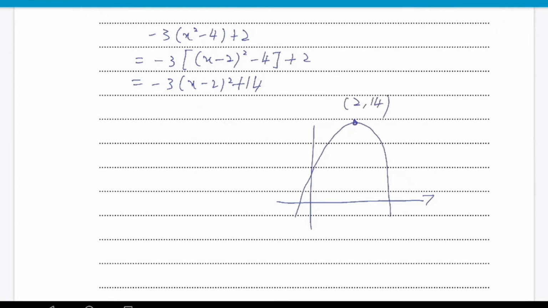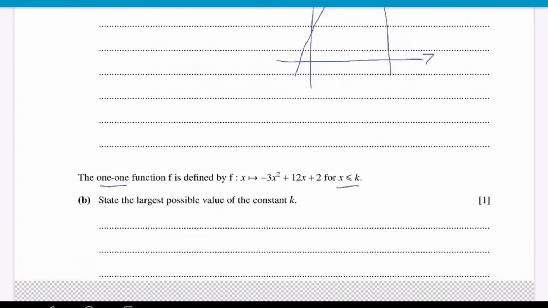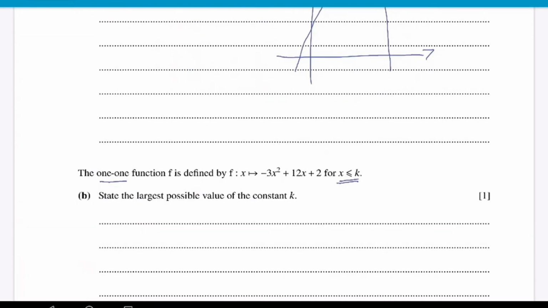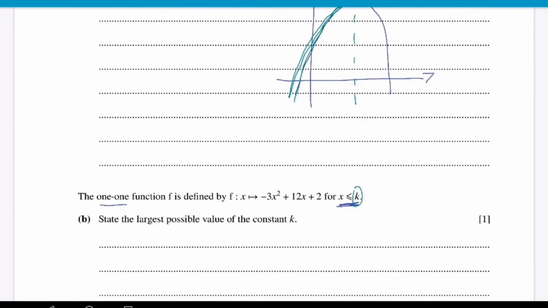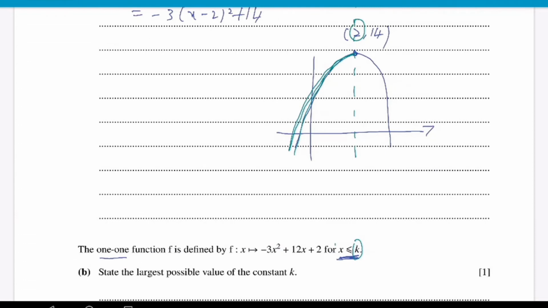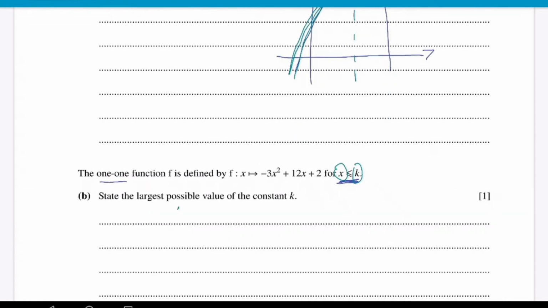In order for it to be 1-to-1, and the domain is like this here, it means we need to take the left part. So I'm taking this part here. The largest value of k would be the x coordinate of the maximum point here, because this is the x value, right? You just want to see the answer, so we no need to do the working. We just need to understand the idea, okay?